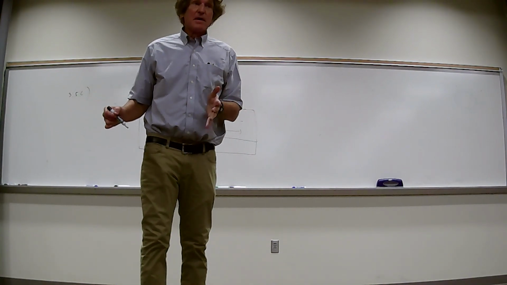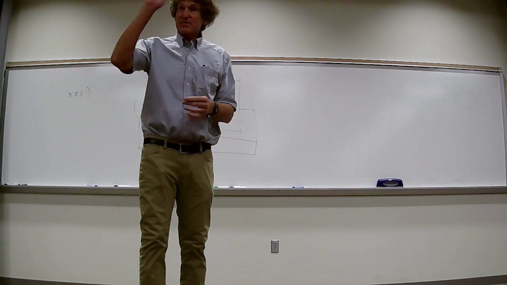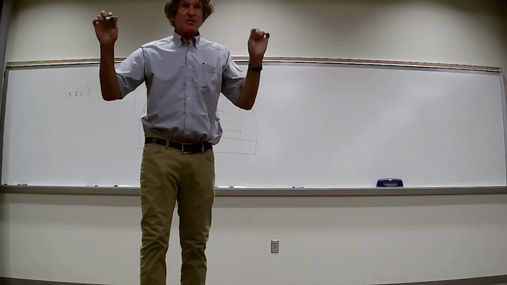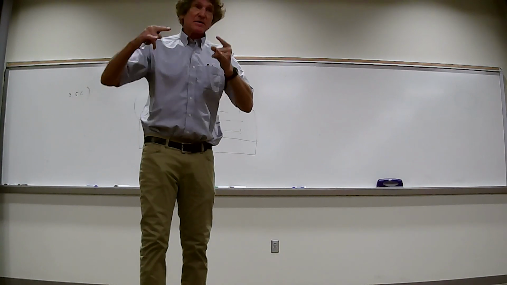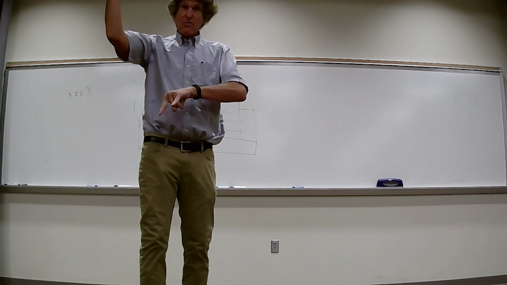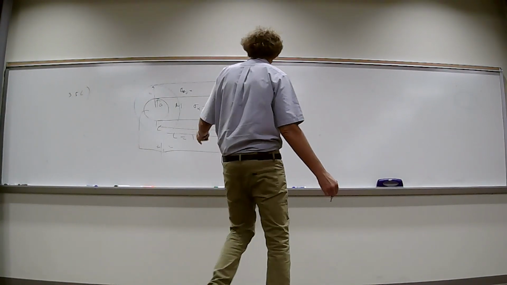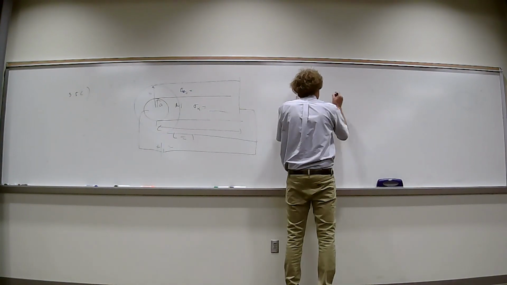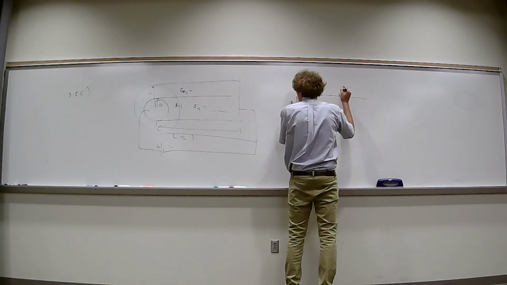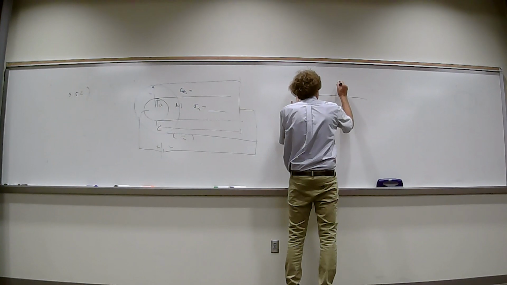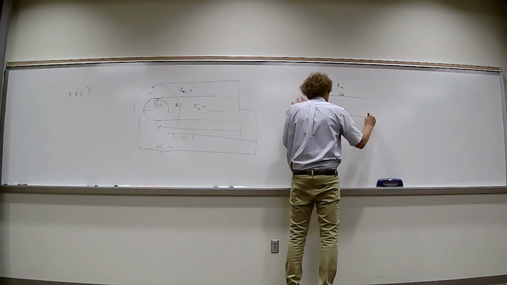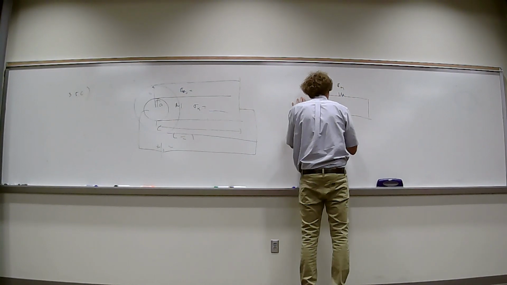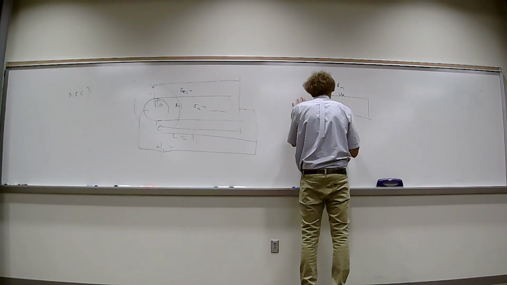If you remember when you took circuits, when you trace those diagrams, if the same current goes through any two resistors, they're in series. Same voltage across, they're in parallel. It doesn't matter how the drawing works. So now it looks like this: you have a resistor here, I'll call it R nickel, and it's in parallel with the resistor here, which I'll call R silver.